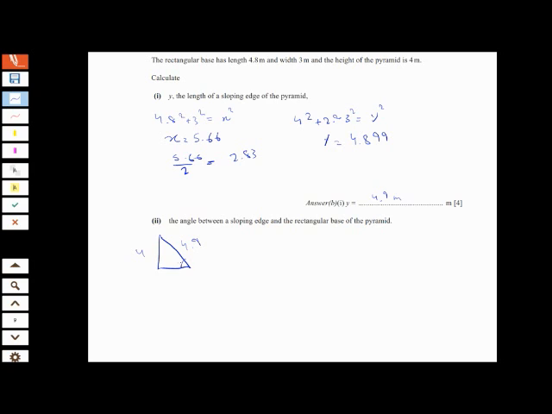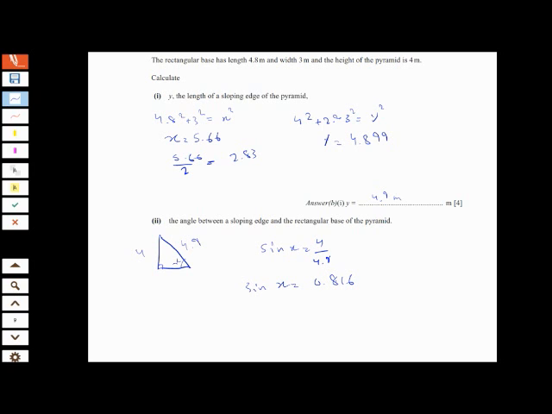So this is a right angle triangle, right? So we can just use the sine. Opposite over hypotenuse, just 4. Sine x equals 4 over 4.9. So sine x is 0.8164.